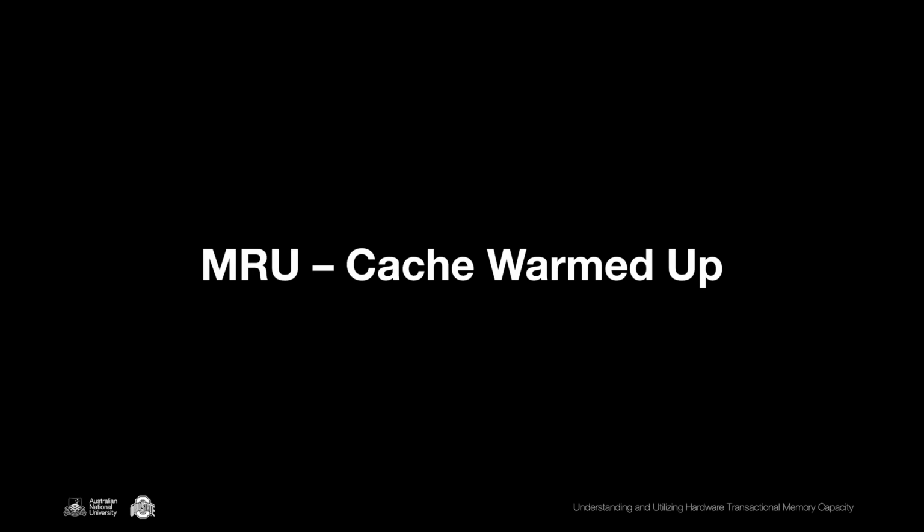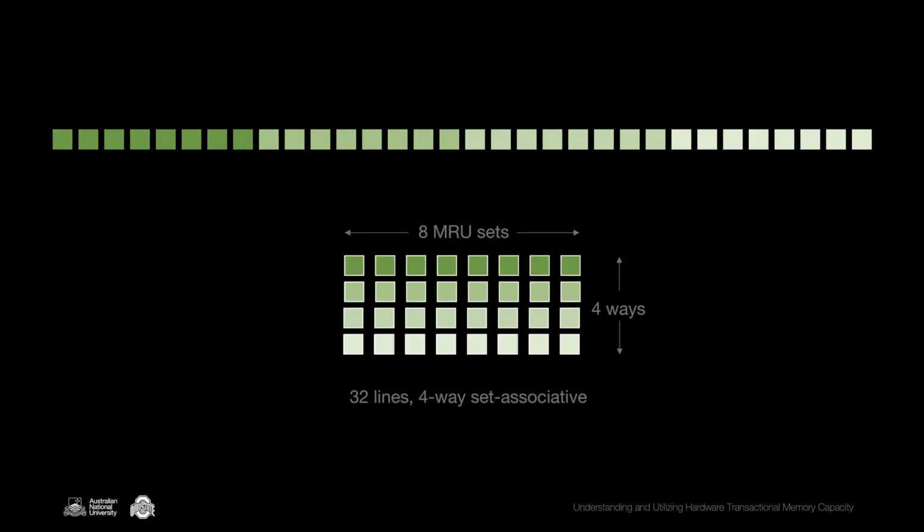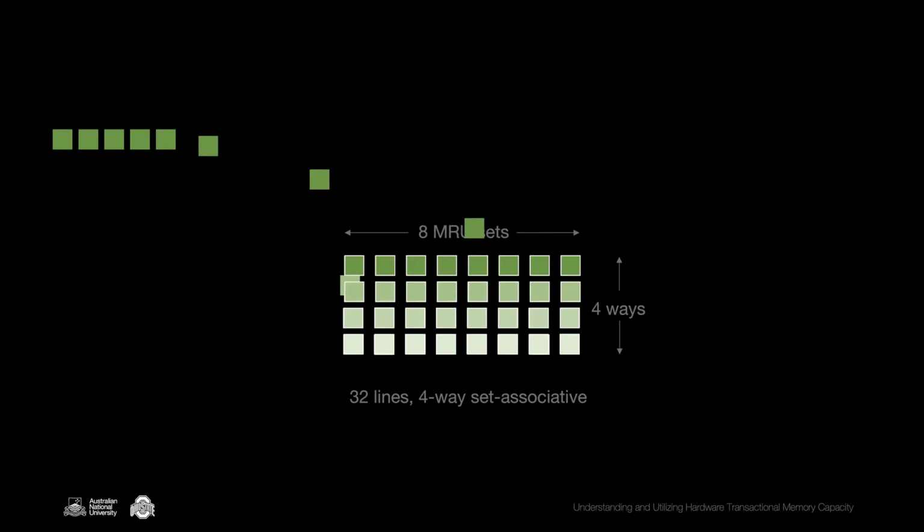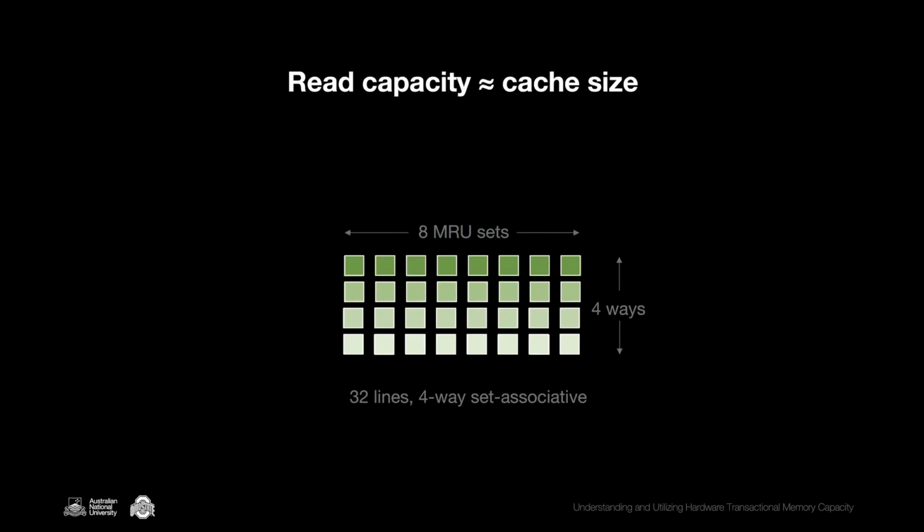Similarly, if you start with a cache already warmed up, like the one here already populated with cache lines to be accessed inside a transaction, again, no eviction is required either. Just like when we start with an empty cache, we can get read capacity roughly the same as the cache size. So, having an empty or pre-populated cache is great for transactions with large read sets.